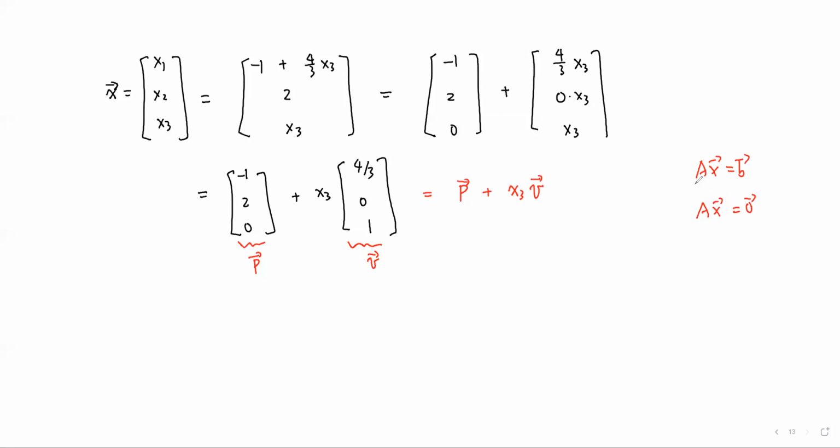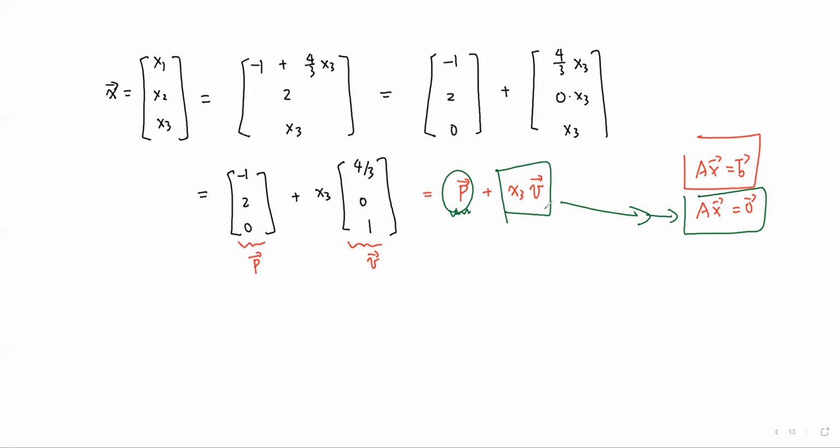It turns out that the solution is a particular solution plus a solution of this guy, the solution of this linear system from the previous example. So every solution of the non-homogeneous linear system is P plus a solution of this linear system.